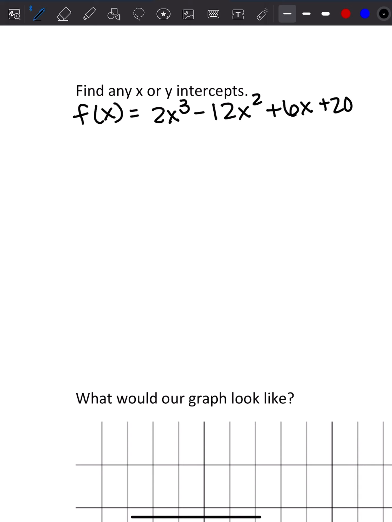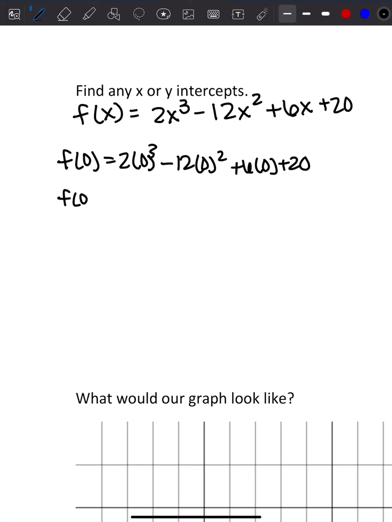So if I want to find a y-intercept, I'm going to plug in 0 for x. And we get f of 0 is equal to 20, so our y-intercept is (0, 20).